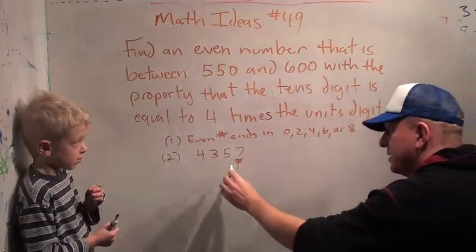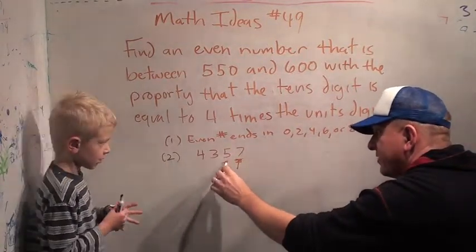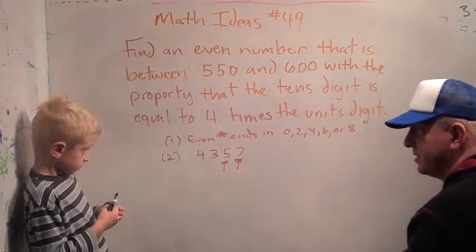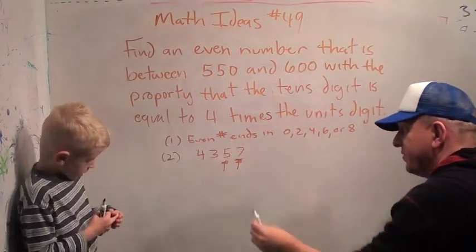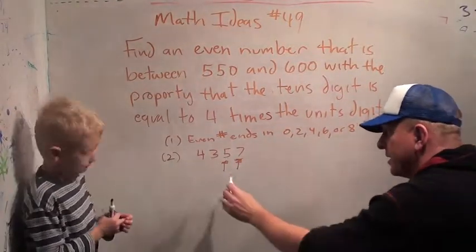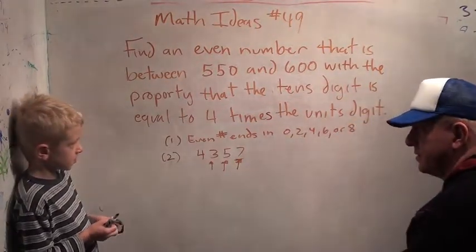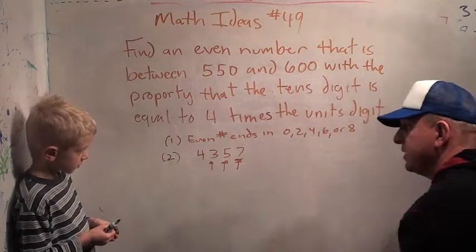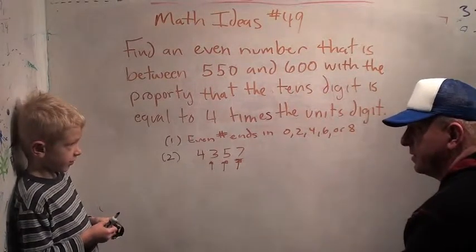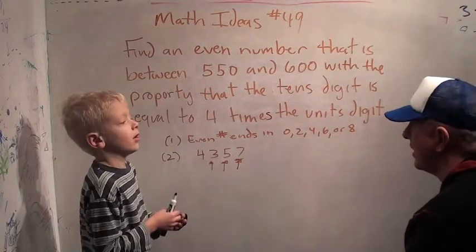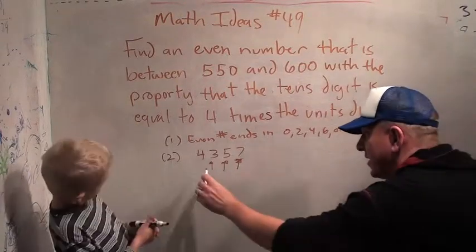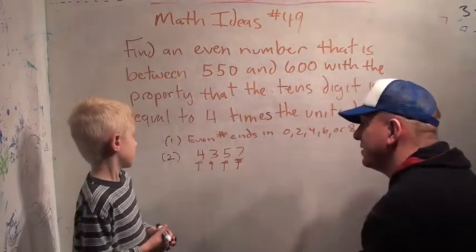This digit, the 5, is called the tens digit, because that 5 really means 50. What does this 3 really mean? 300. So that's the hundreds digit.